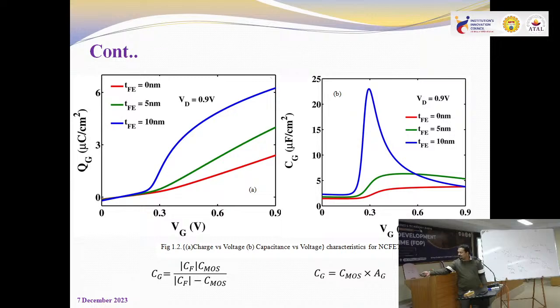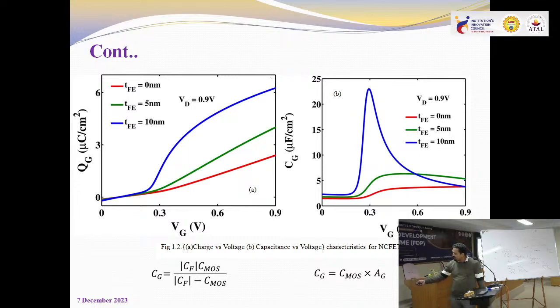CG is the series combination, that is clear. Now this term, CF upon CF minus CMOS, is nothing but AG. So instead of CF upon CF minus CMOS, I have written AG times CMOS. So the gate capacitance is increased.